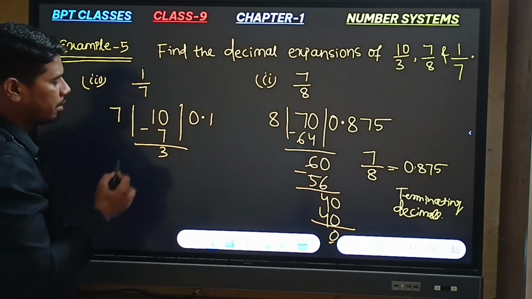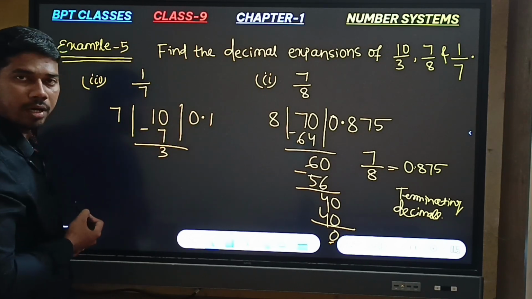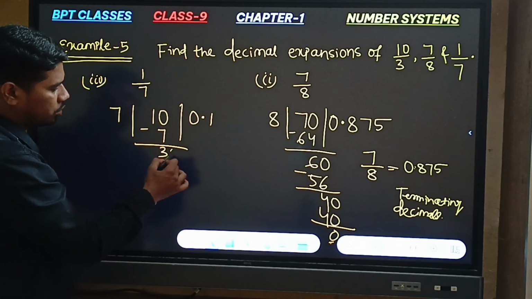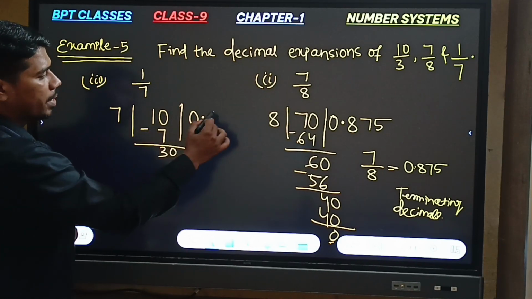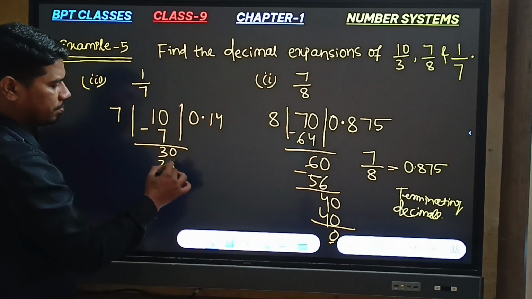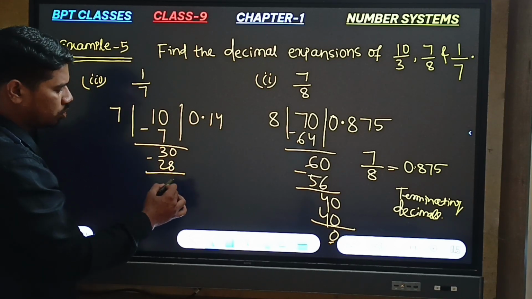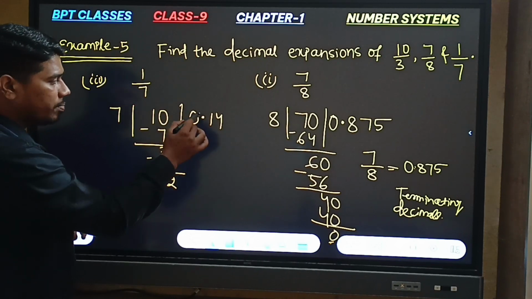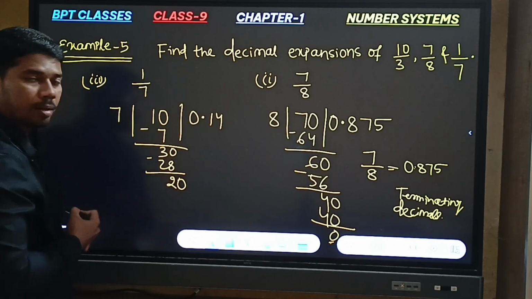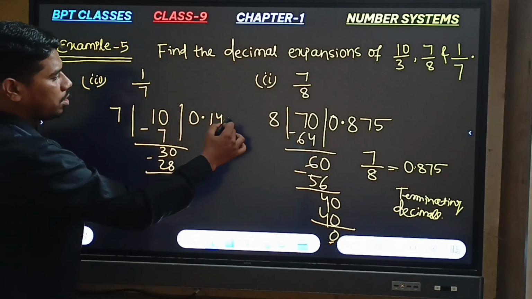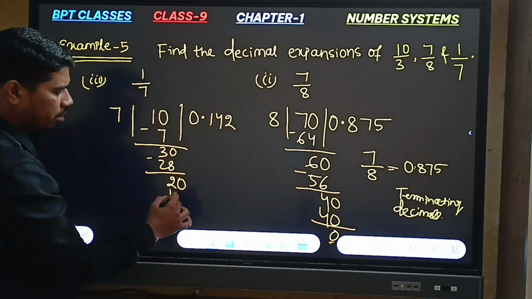Again 3. Next, if there is a decimal point, I told you already that 0 again will come. So 7 fours are 28. 30 minus 28, the result is 2. Then it will become 20. 7 twos are 14.